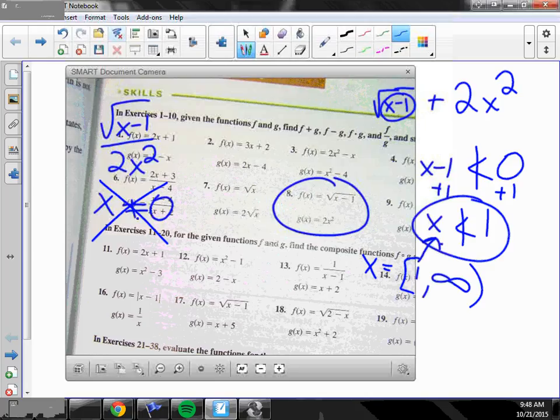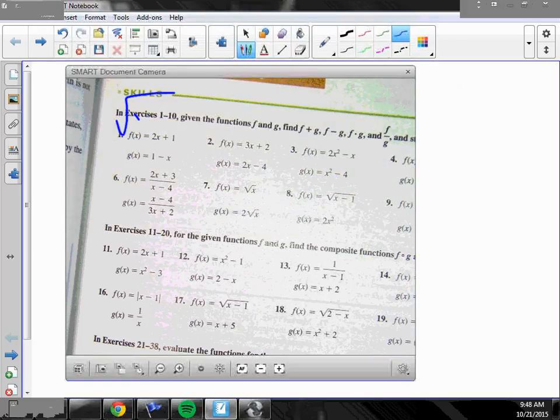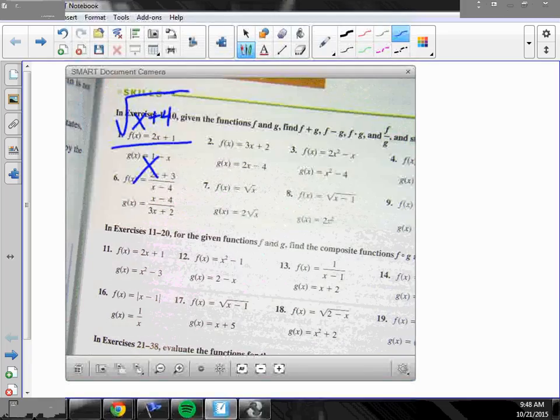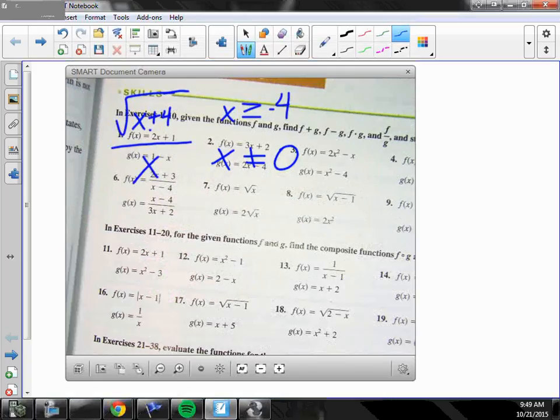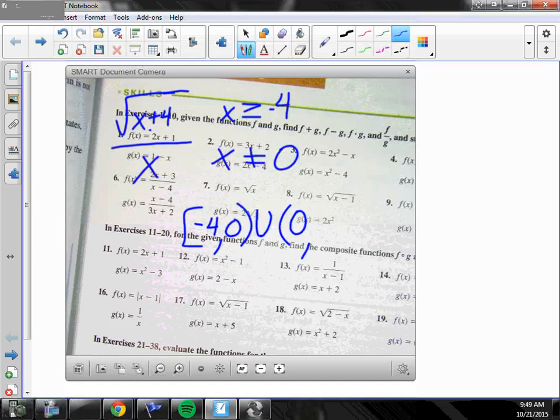But if I had something like this, square root of x plus 4 over x, this tells me that x must be greater than or equal to negative 4, and x is not allowed to be 0. So the domain for that piece would be from -4 to 0, union with 0 to infinity.